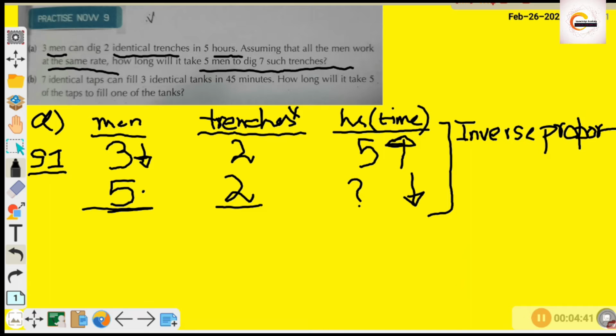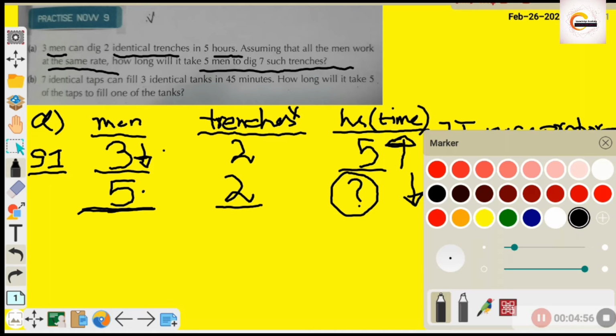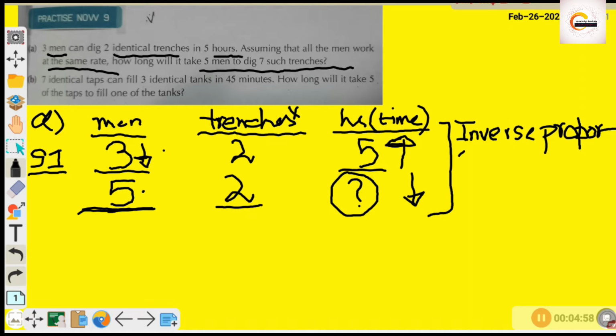And in inverse proportion, when 3 variables are known and one variable is unknown, we can apply a formula, that is x1 into y1 is equal to x2 into y2.